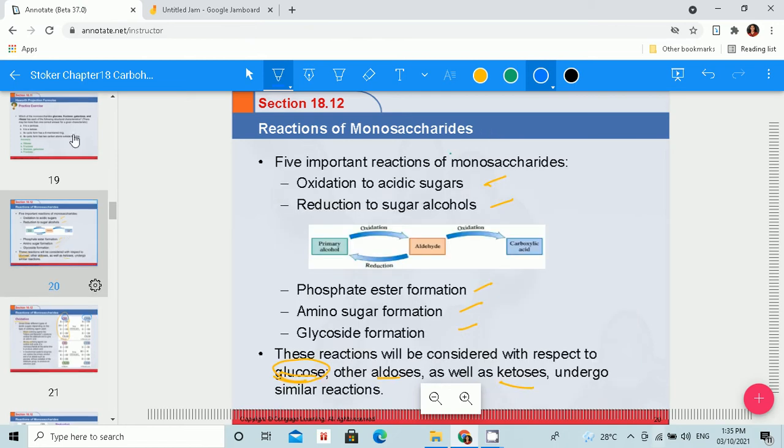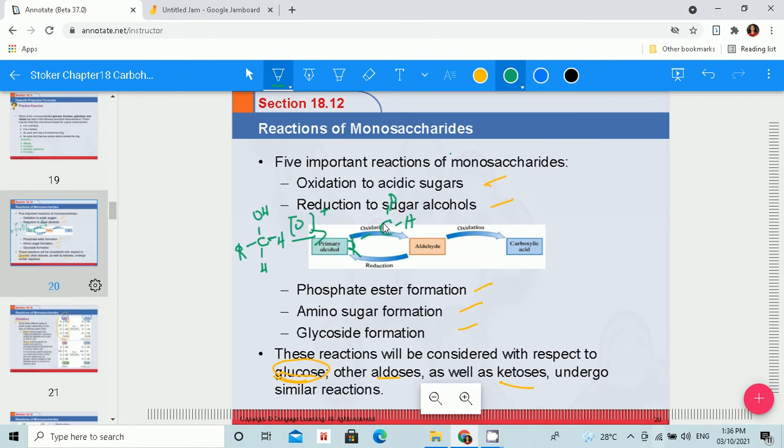When we have our alcohol, which is C with an R group, an OH, and an H, if we oxidize this one, it will form an aldehyde, which is C double bond O, H, and then R. So that is oxidation to an acidic sugar.